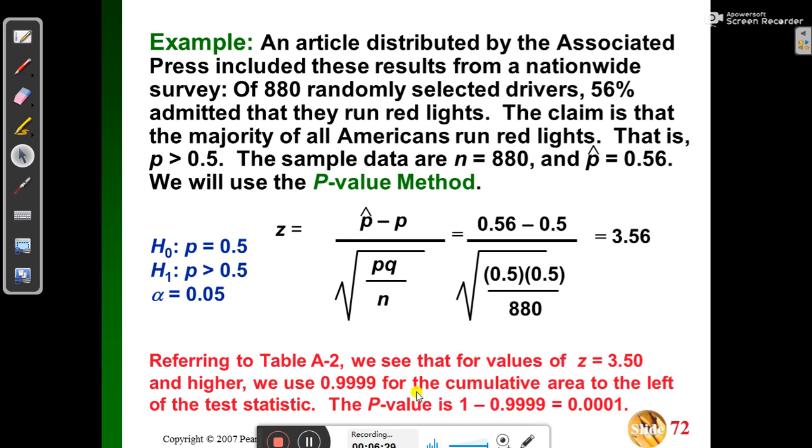That is the cumulative area to the left of the test statistic, and that is why the p-value is 1 minus this.